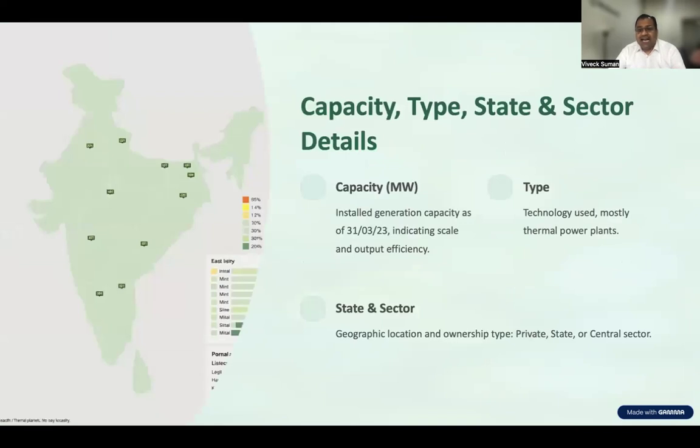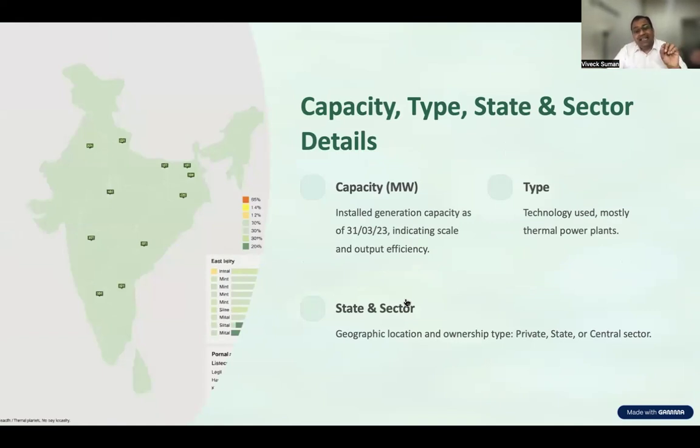Now, capacity, type, state and sector detail come in the next three columns, starting with capacity in megawatt. If you see megawatt, you have understood that we are talking not about kilowatt, neither gigawatt. This shows the installed capacity of that plant by a particular date.